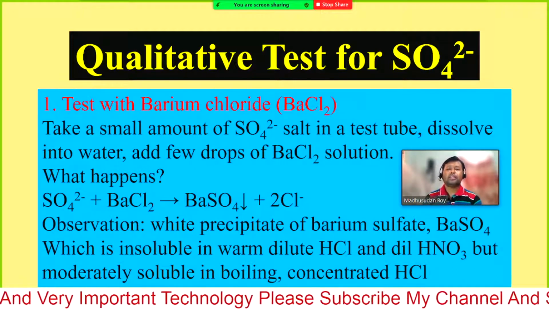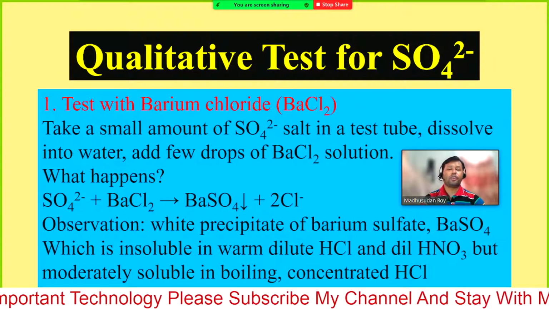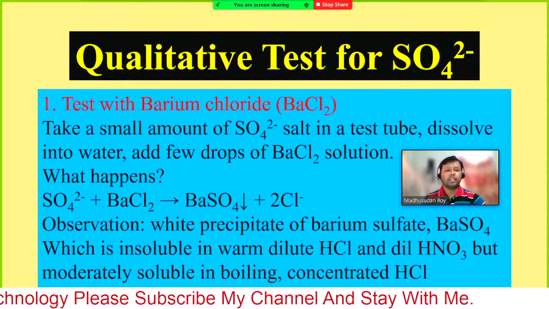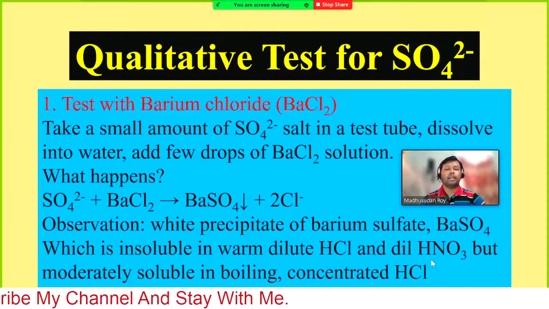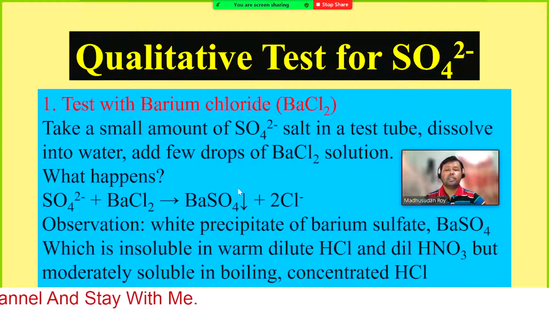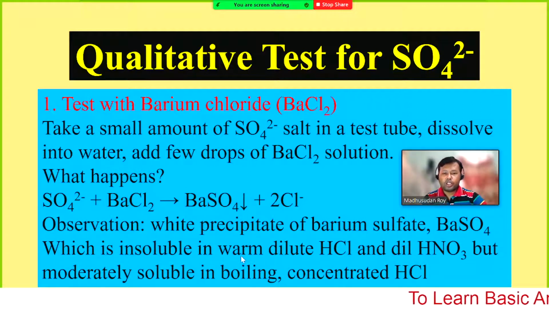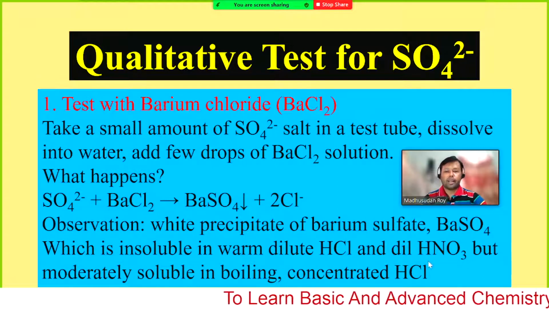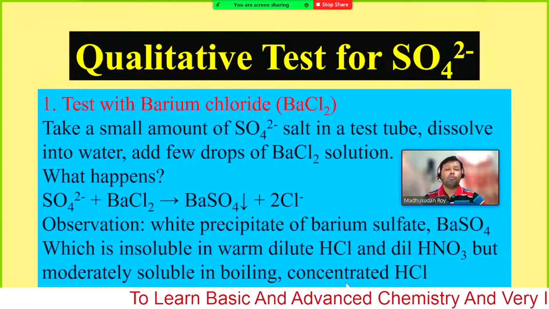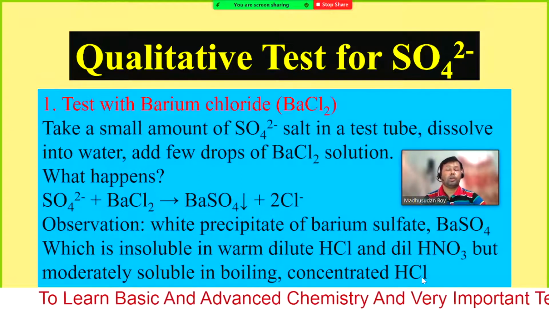Dilute means the number of ions of hydrochloric acid is a little less. Therefore, if you add dilute hydrochloric acid or dilute nitric acid to the white precipitate of barium sulfate, it will not dissolve, but it is moderately soluble in boiling concentrated hydrochloric acid.